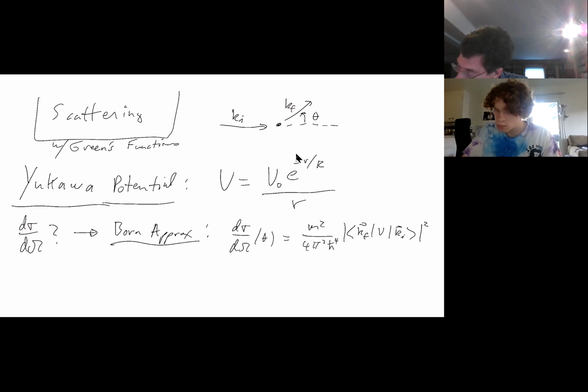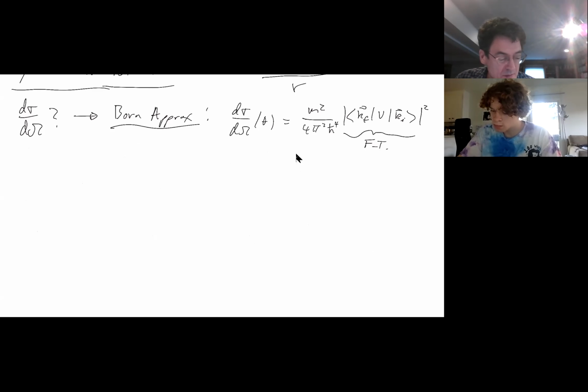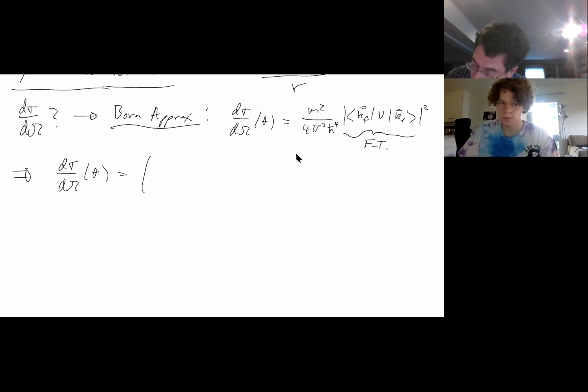And this, of course, is a Fourier transform, a kind of complicated integral, but we went over it last time. And if you do the complicated integral, then what we find is that we get this expression for d sigma d omega, the differential cross section scattering off the Yukawa potential. We get an actual answer for it, which is kind of nice.